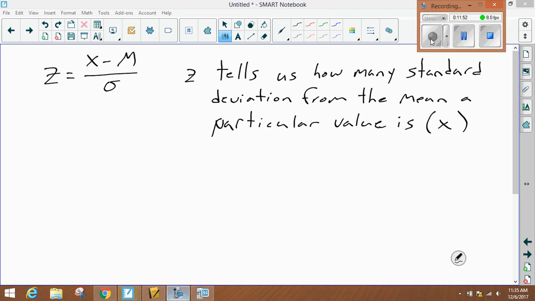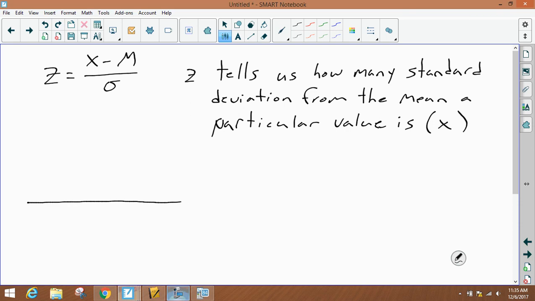All right, so in this case, we'll look at the standard normal distribution. It has a picture like this. Remember, this is our mean, right? How many standard deviations from the mean is our mean? 0, right?